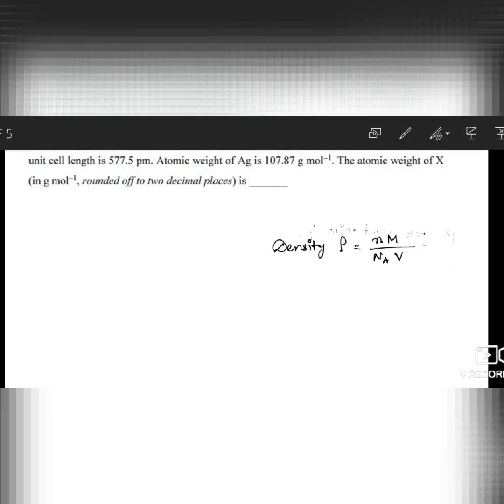At first write down what data are given. The density of AgX is equal to 6477 kg per meter cube, and the unit cell length a is equal to 577.5 picometer, which is equal to 577.5 into 10 to the power minus 12 meter, and the atomic weight of Ag is given.